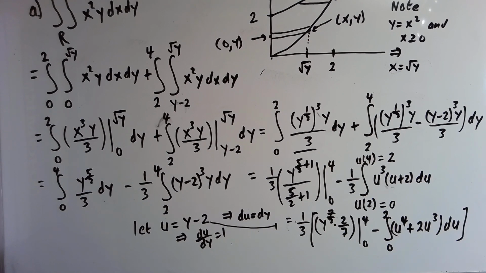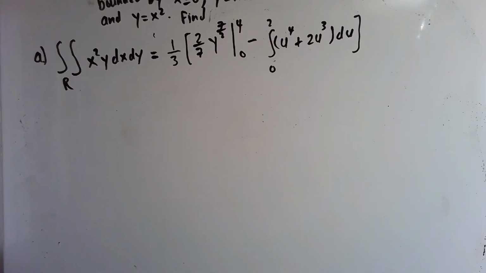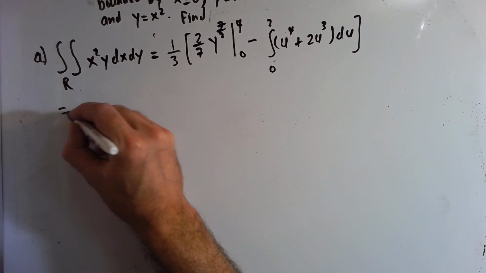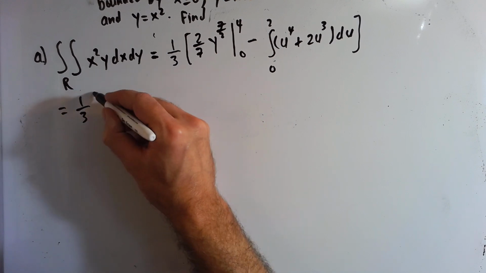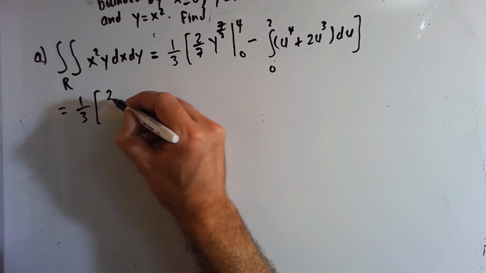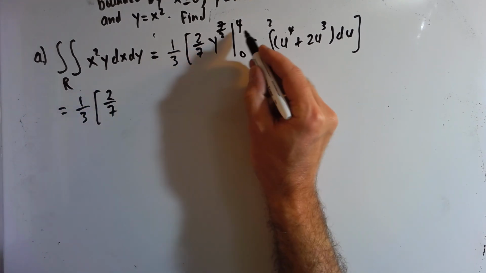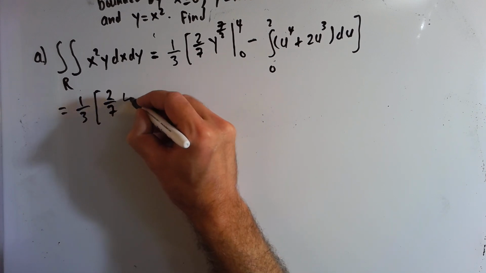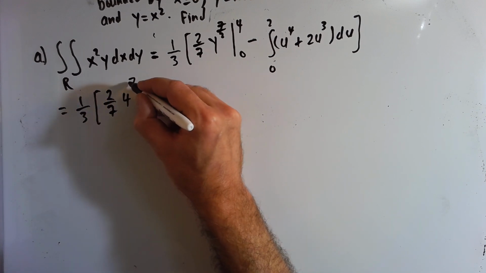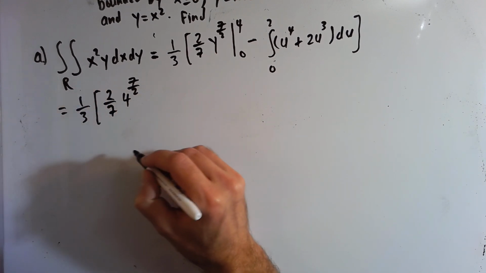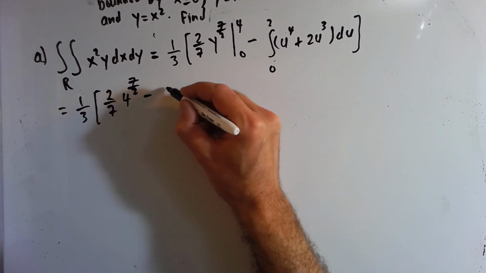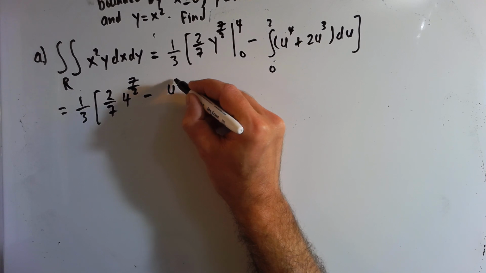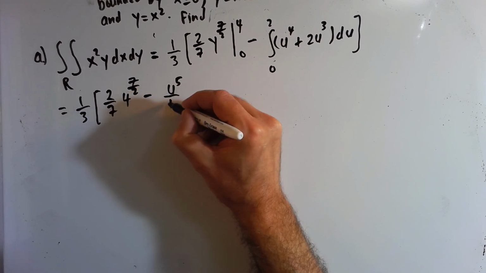Okay, so I rewrote it up here. Let's keep going then. So it's going to be 1/3 times 2 sevenths. Putting 4 in place of y, it'll be 4 to the 7/2. Then minus, integrating this, it'll be u to the 5th over 5.